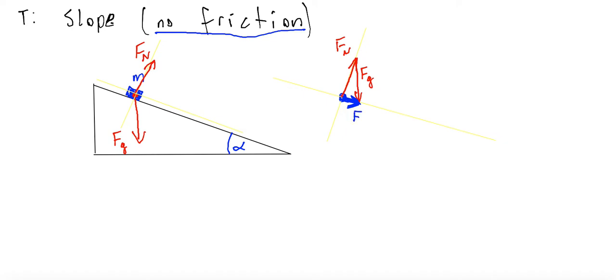Okay, and moreover, if you focus on this triangle, I'm going to draw this triangle bigger here. This is our normal reaction, this is our gravitation, and this is our resultant. Okay, and labels: this is normal reaction, this is gravitation, and this is overall force.